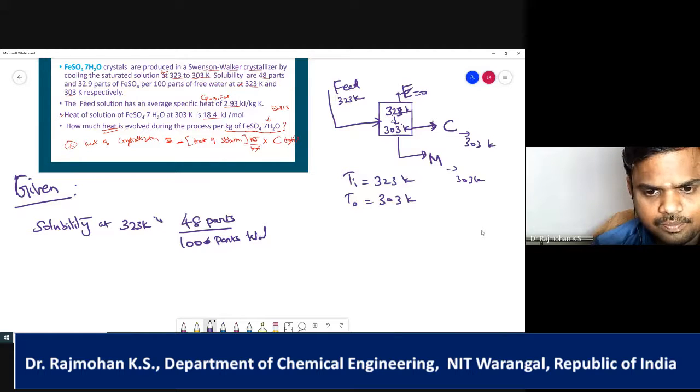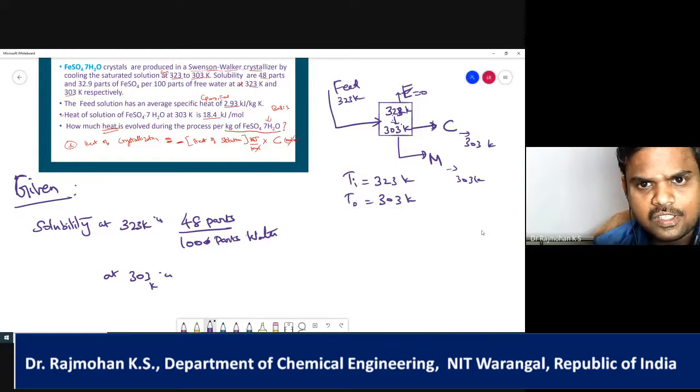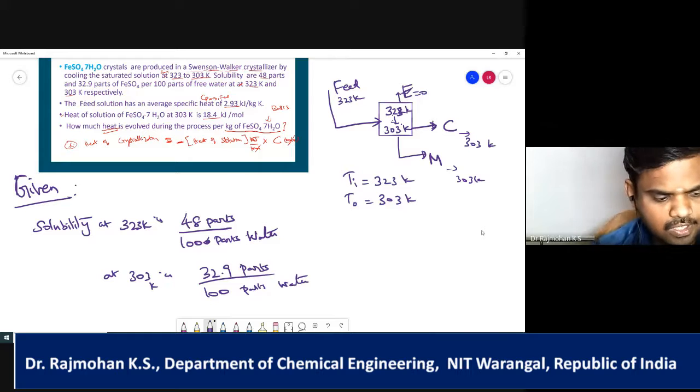Similarly, solubility at 303 Kelvin is given as 32.9 parts per 100 parts of water. So these are the given data.